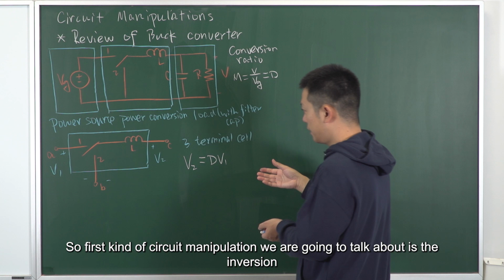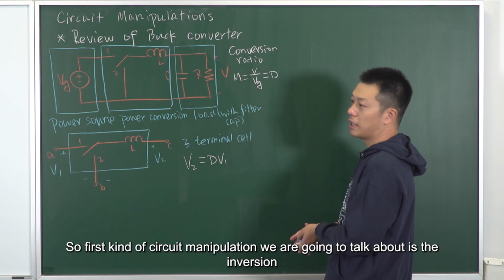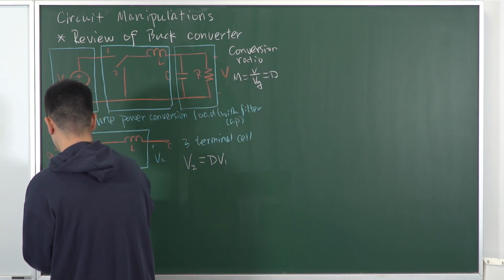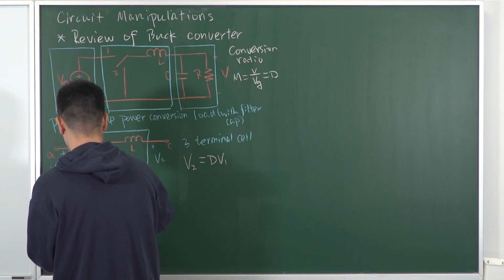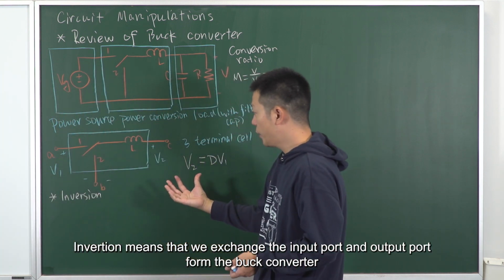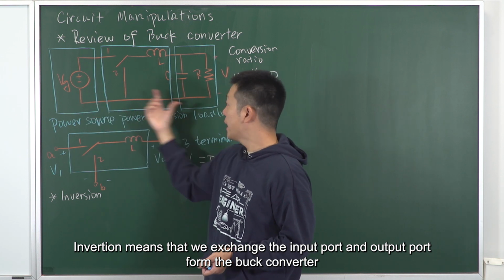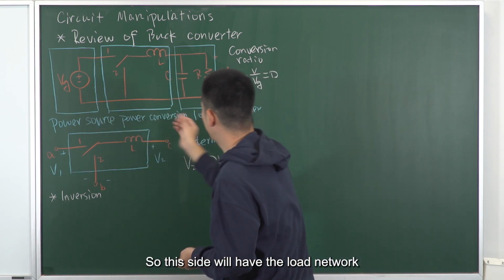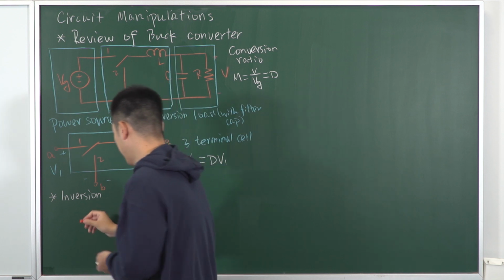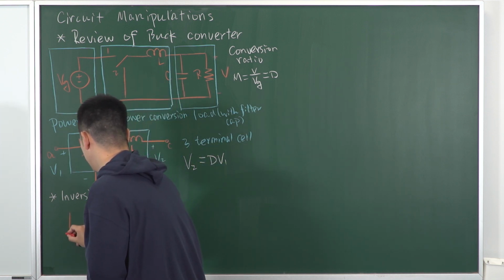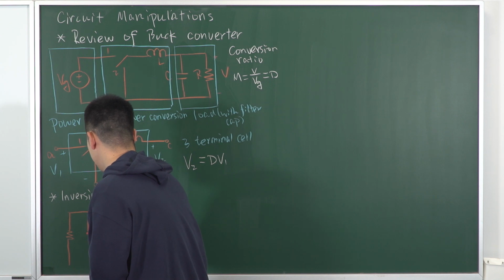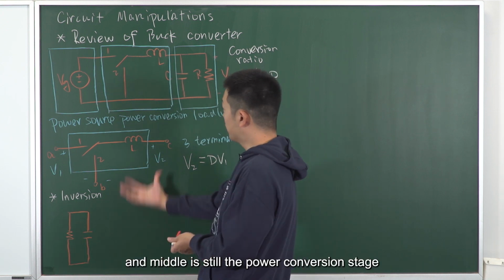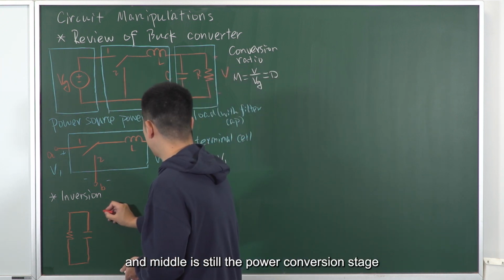The first kind of circuit manipulation we are going to talk about is inversion. Inversion means that we exchange the input port and output port of the buck converter. So this side will have the load network. And the middle is still the power conversion stage.